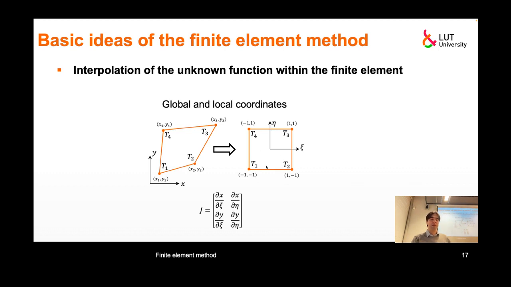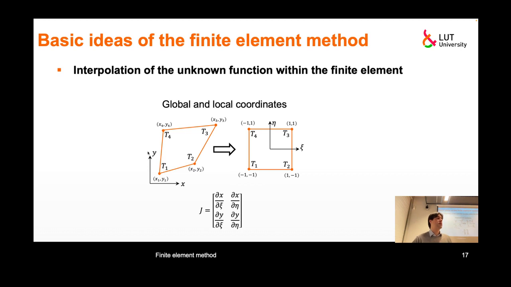And for instance, this first node, which is the same node, it's another representation in local coordinates. In local coordinates, its position is described by a pair of -1, -1. The second one, 1, -1, and so on.